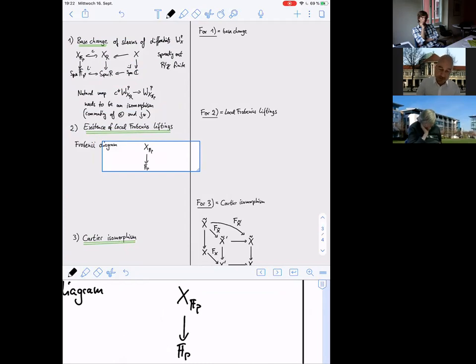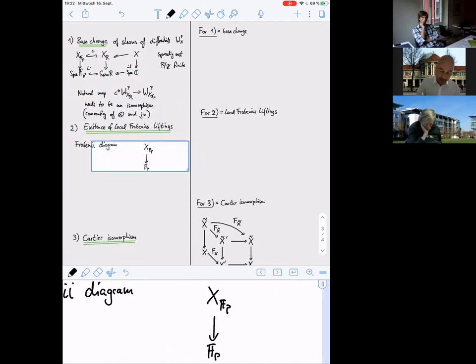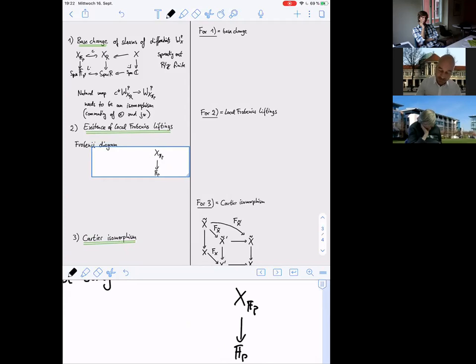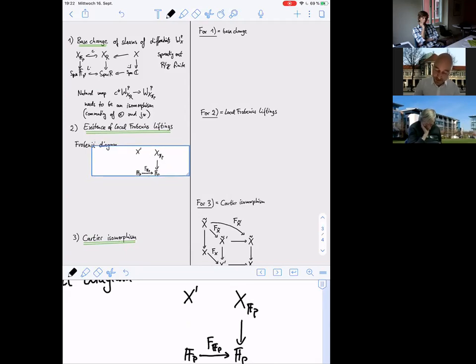So just think of it as FP. And on that variety, you have two types of Frobenius maps. You have a Frobenius downstairs. Frobenius, remember, is just taking Pth power. So in the field FP, you can take Pth power. And that's a Frobenius morphism. And you can pull back the original variety along this Frobenius map in the base.